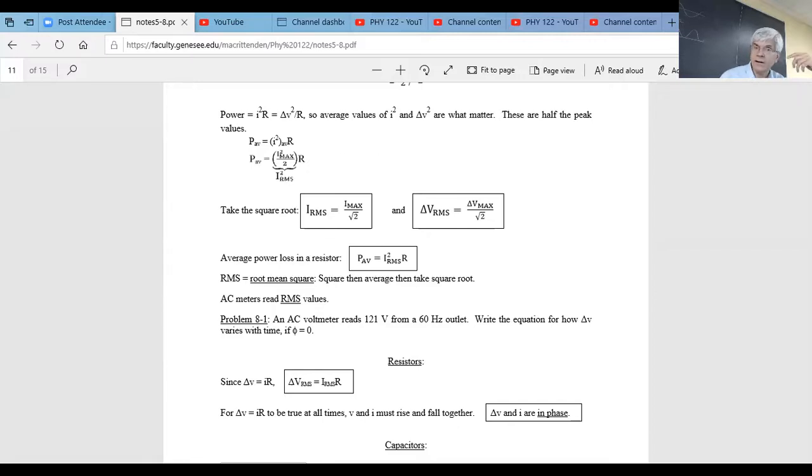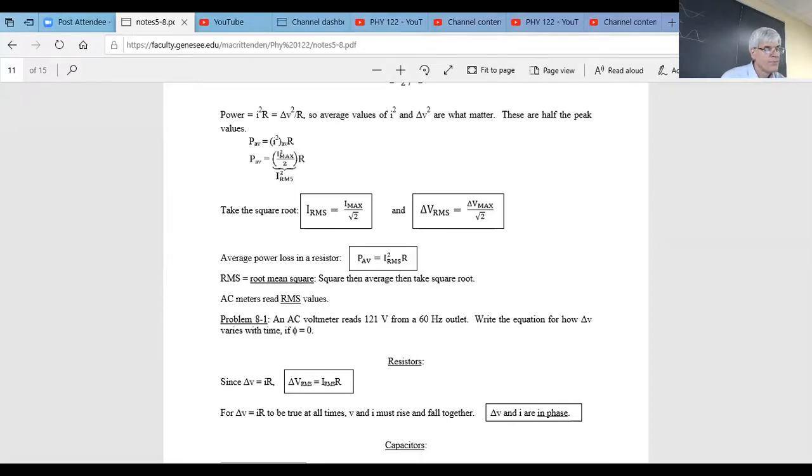If you buy a circuit breaker, a 15 amp circuit breaker will trip when the RMS current is 15. Meters read RMS. Basically, all anybody ever talks about in practical electricity is the effective voltage and the effective current.